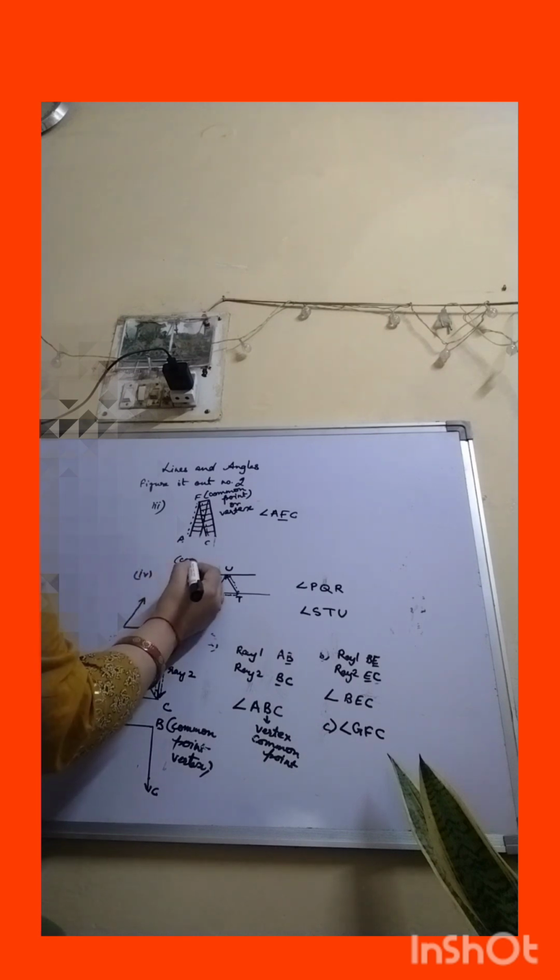What is the common point here? The common point is Q. Then in this case you have T as the common point. The rays are TS and TU. So your angle name is STU. So in this way you can name any angle.